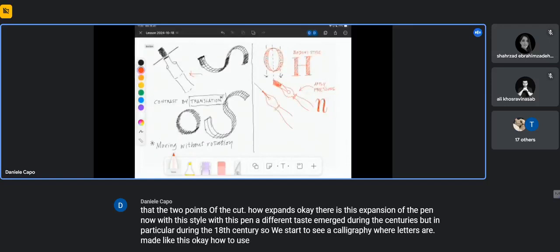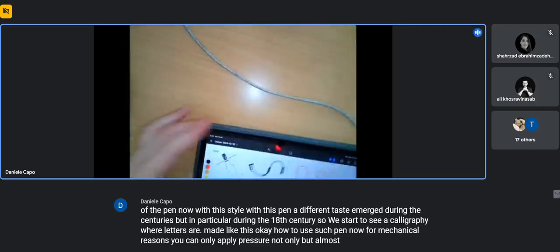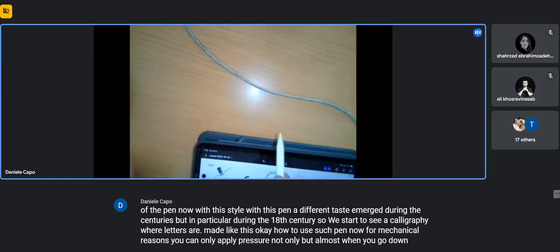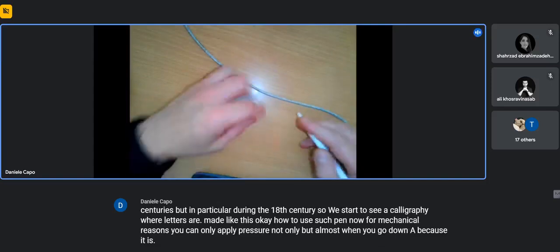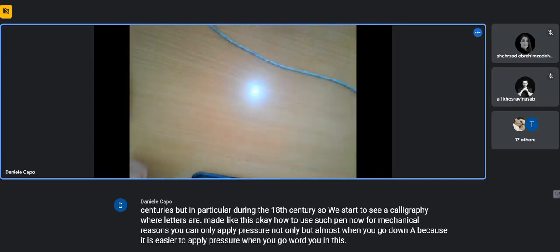How to use such a pen? Now, for mechanical reasons, you can only apply pressure, not only but almost, when you go down, okay? Because it is easier to apply pressure when you go toward you in this direction.